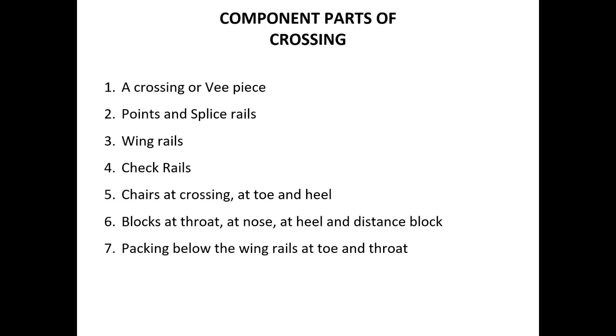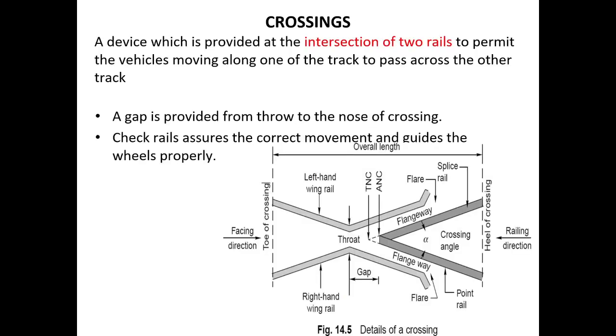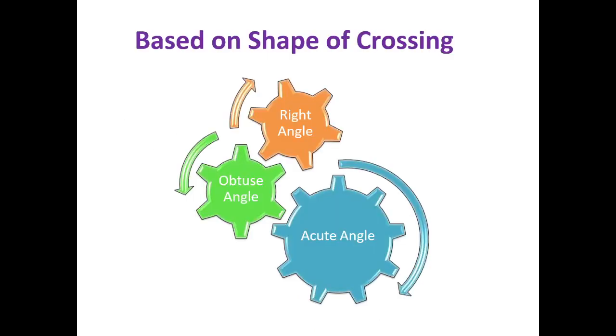Chairs are provided at the crossing and also at the toe and heel of the crossing. Then blocks at throat, at nose and heel, and a distance block. And then packing is provided below the wing rails and at the toe and throat. These are the components that we have seen in the details of a crossing.